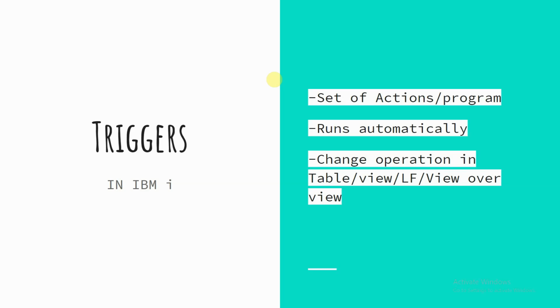Once a change operation, either insert, delete, or update, is performed on a table, that trigger will automatically call the program associated with the trigger. So triggers are a good functionality in DB2.